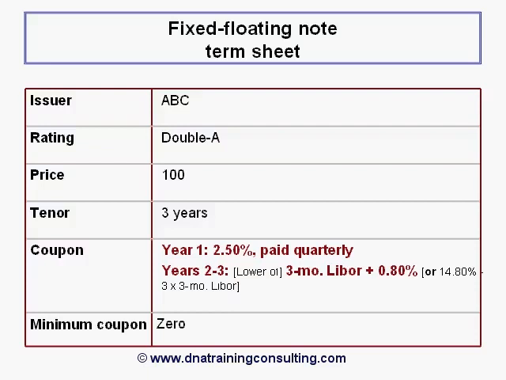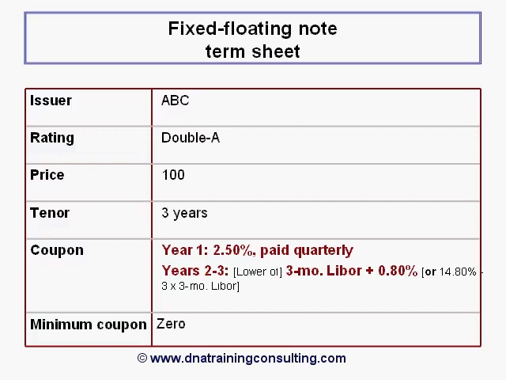To begin, if we simply ignore the second part of the formula for years 2 and 3, we can intuit fairly quickly that the note is initially constructed out of a fixed rate bond that has been swapped into floating for years 2 and 3.